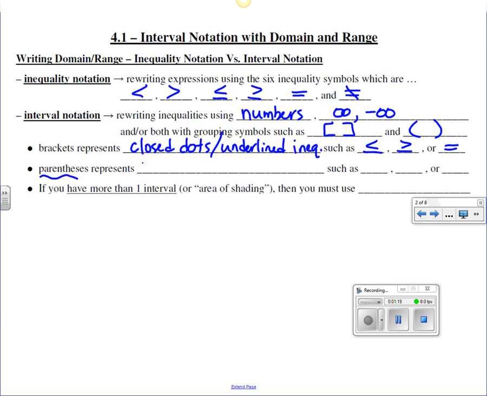Parentheses are open dots and not underlined inequalities. All right, so that would be less than, greater than, or not equals to. And if you have more than one interval or area of shading, you must use the union symbol. All right, now's a great time to pause the video if you need more time to catch up.